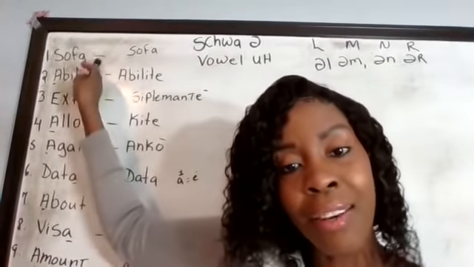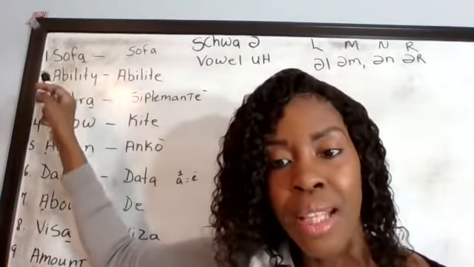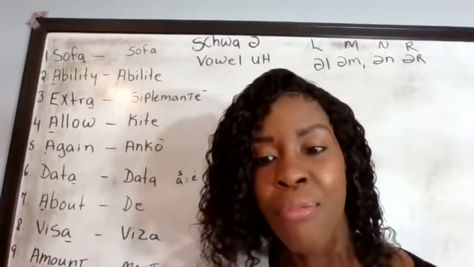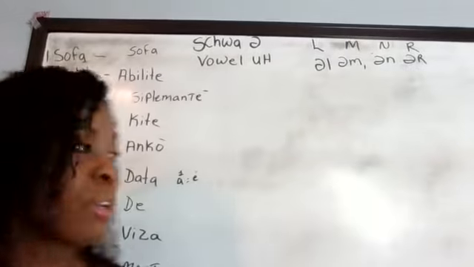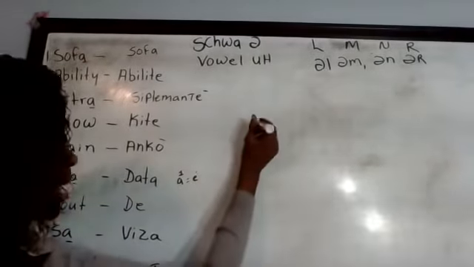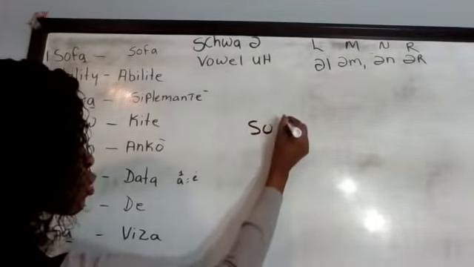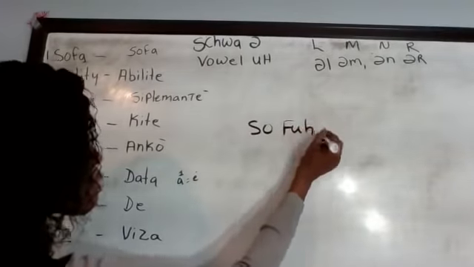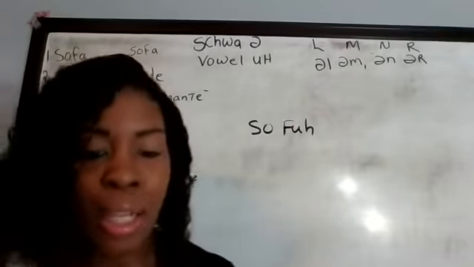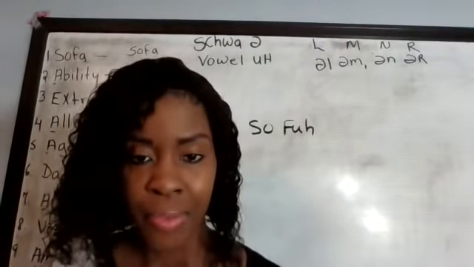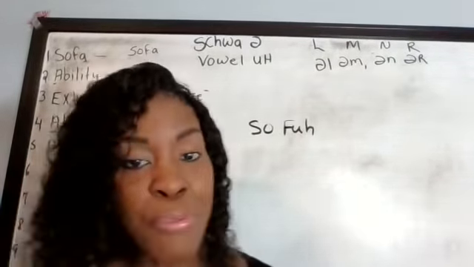The A right here, fa. Okay, so if I'm gonna write it down on the board, it would be like this: so fa. Okay, so the A give you a schwa sound.